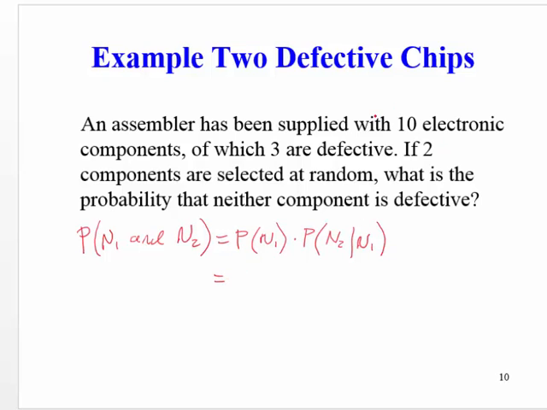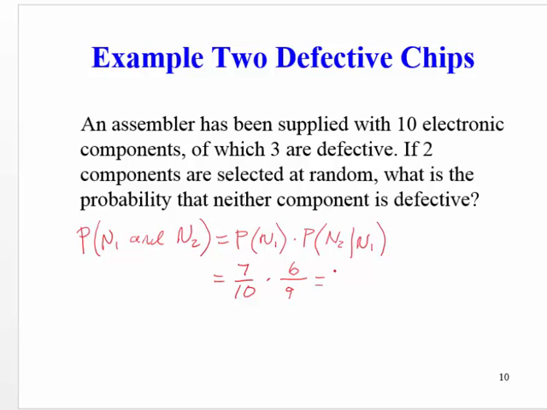Well, not defective out of the first is, there's 3 defective, there's 10 of them, so it's 7 out of 10. Now here's the part. Since we took one out, how many are left? There's 9 left in there. How many of those are defective? 3 are still defective because we took one that's not defective. So there's still 6 that are not defective out of 9.